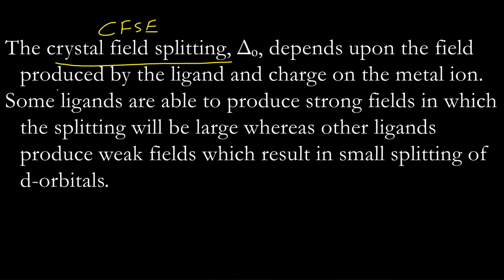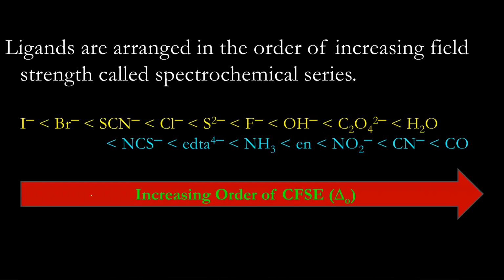So it depends upon the field produced by the ligand and the charge on the metal ion. Some ligands are able to produce strong fields in which the splitting will be large, whereas other ligands produce weak fields, which results in a small splitting of d orbitals. And this is the same thing we talked about.